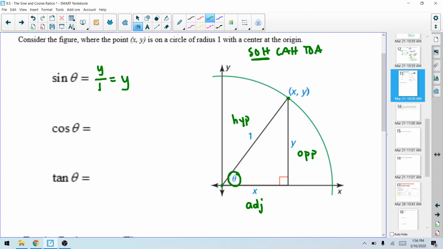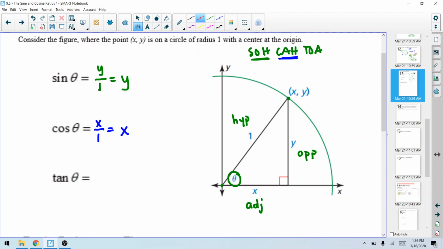So the sine of theta would just be y. Cosine of theta, A over H, adjacent over hypotenuse. Adjacent side, x, hypotenuse, 1. x over 1, same thing. Anything divided by 1, just x. So the cosine of theta is x.